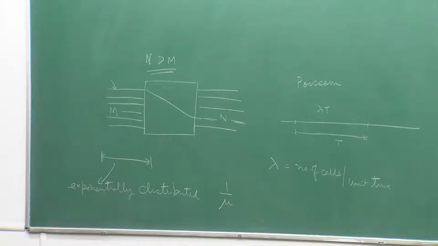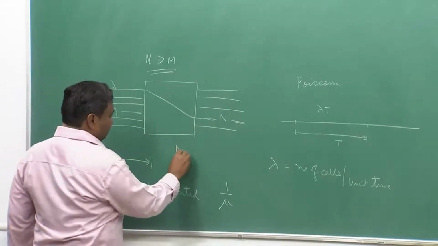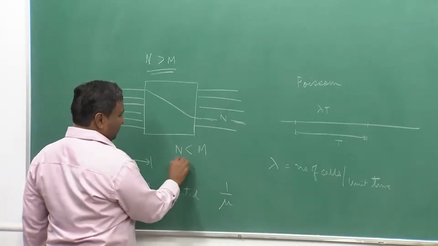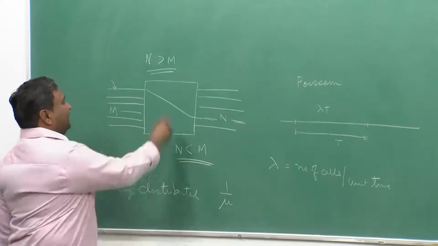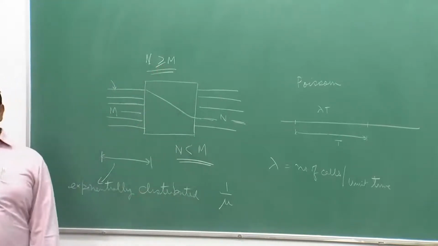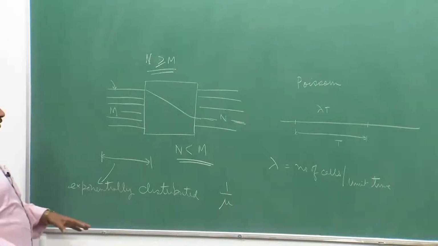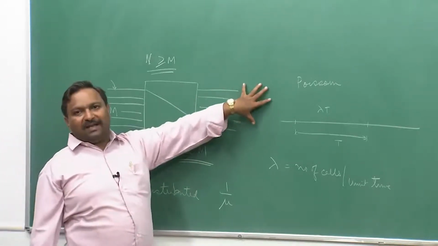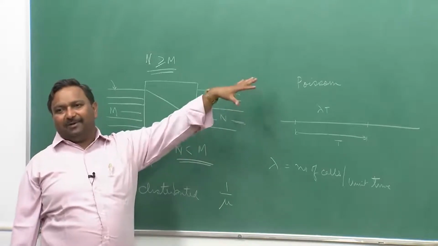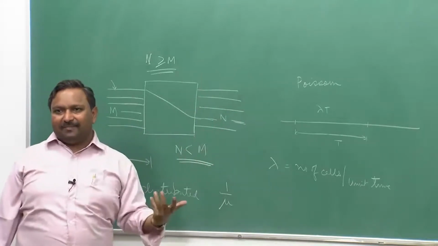So, blocking will always happen only if n is less than m. When n is greater than or equal to m, blocking will not happen. So, what is the blocking probability? I have to find out the probability that all the lines here are going to be occupied. We need to estimate that. How to do this?